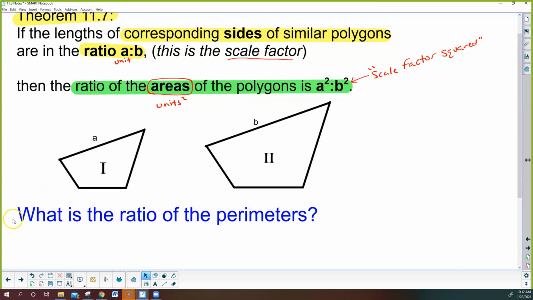Okay? Down here, this blue part is not officially part of this theorem, but we saw this and kind of developed it before. The ratio of the perimeters is the same as the ratio of sides. Right?